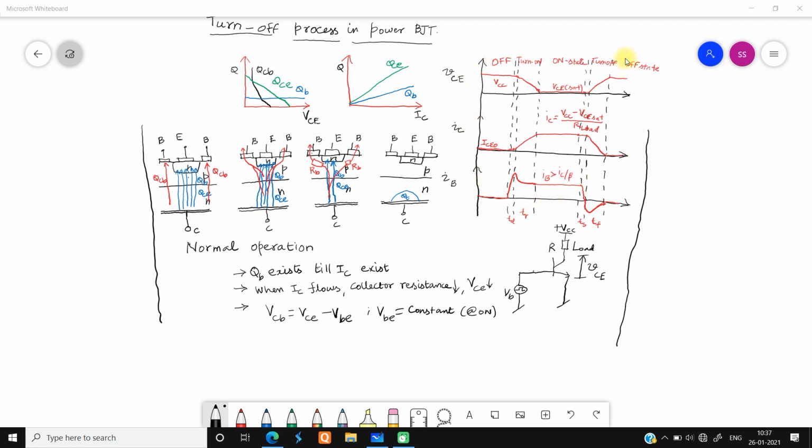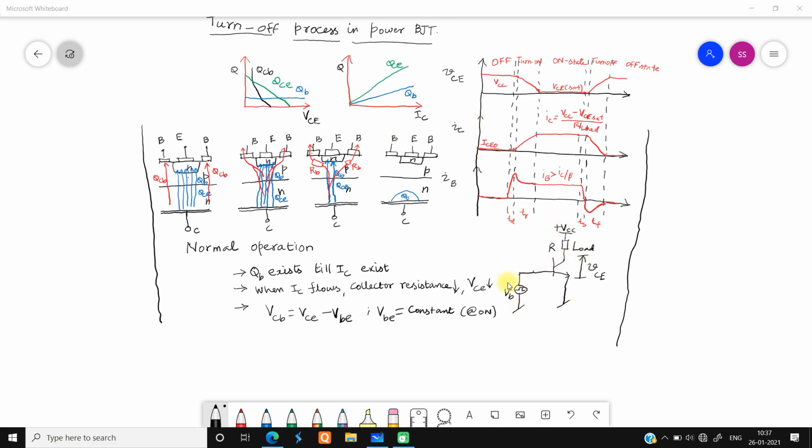Here, this is the turn off characteristics. We have segregated the characteristics into 5 categories, like off state, turn on state, and turn off. And we have drawn the characteristics for VCE, IC, and IB.